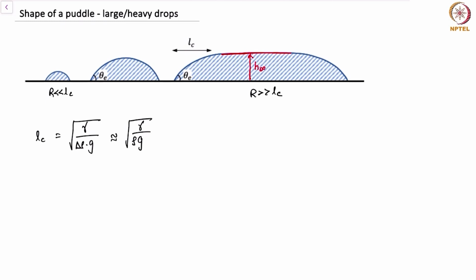Okay, and let's basically define a few important things. Rather, let me maybe first state the important questions. The key questions are: what is the radius of the puddle?